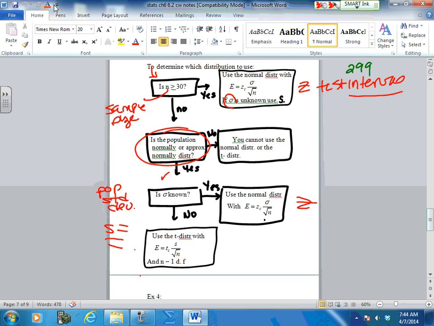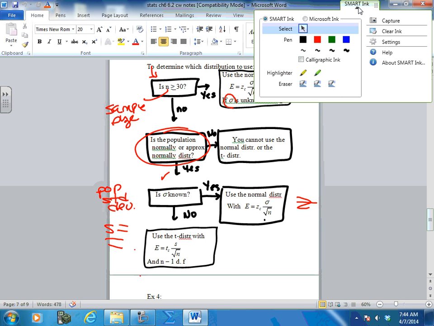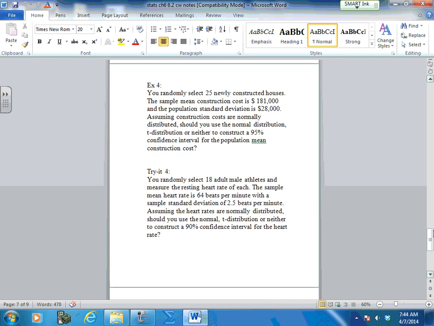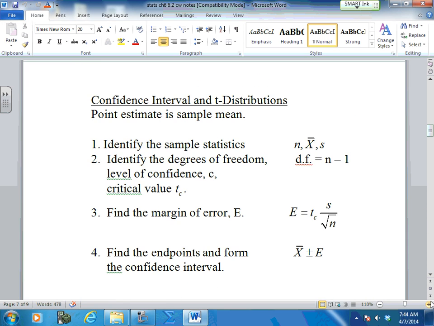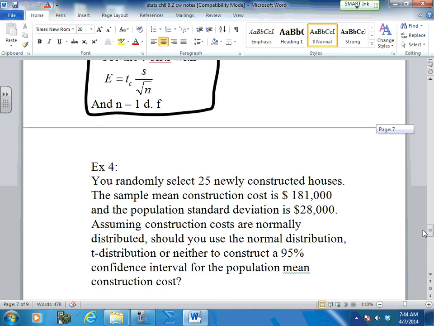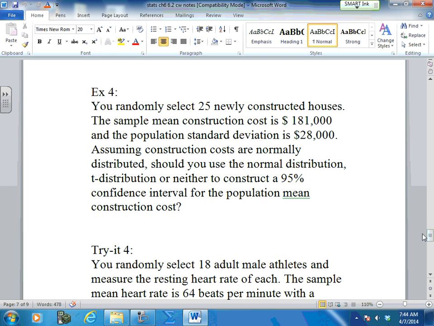All right, so now, keep your flow charts handy. We're going to take a look at example 4. I can't expand this and show my flow chart at the same time, but your flow chart's right in front of you. Okay, you randomly select 25 newly constructed homes.